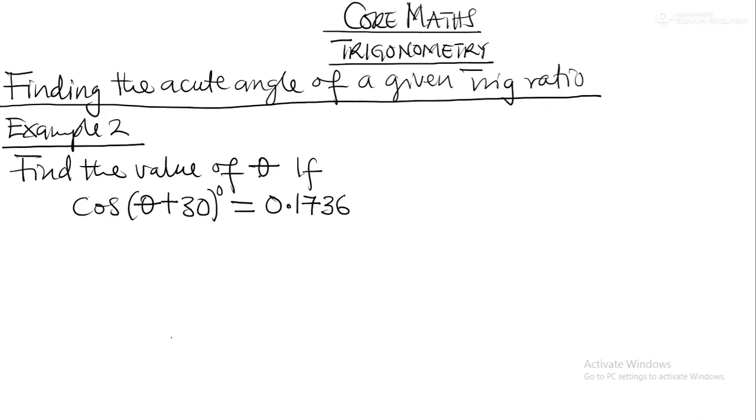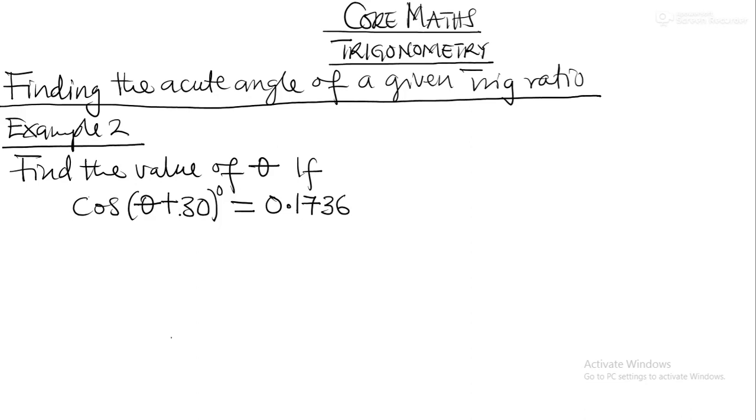Find the value of theta if cos of (theta plus 30) degrees equals 0.1736. Good. So you realize that it's not always that we'll be getting a fraction. It can be changed to a decimal. The same concept. You take all of theta plus 30 as your angle. That is the x or y or whatever.